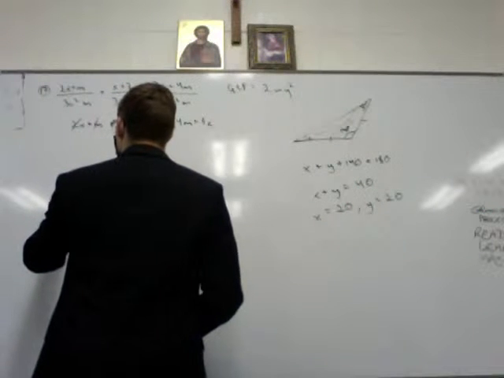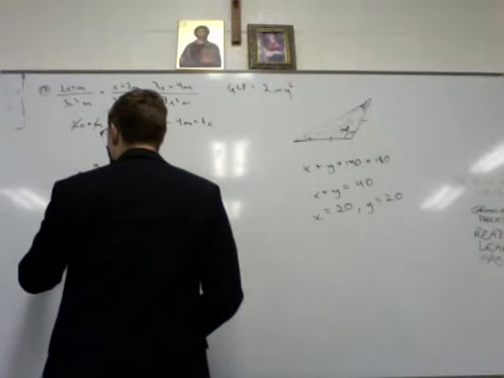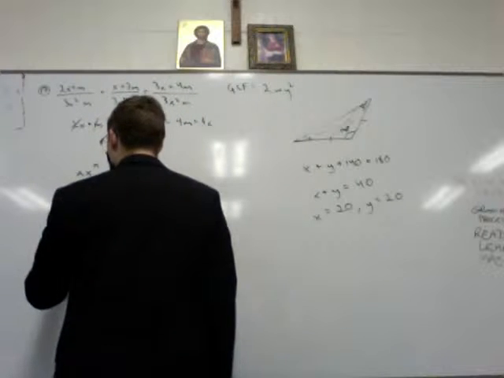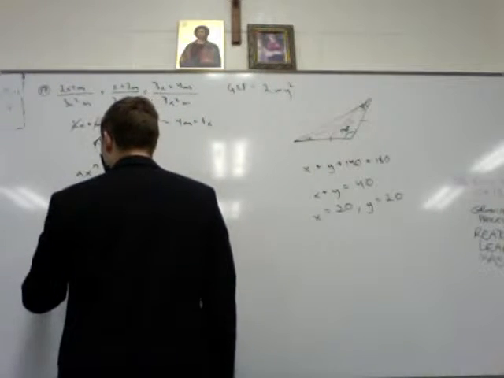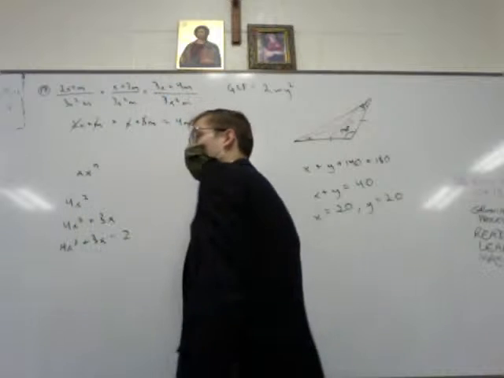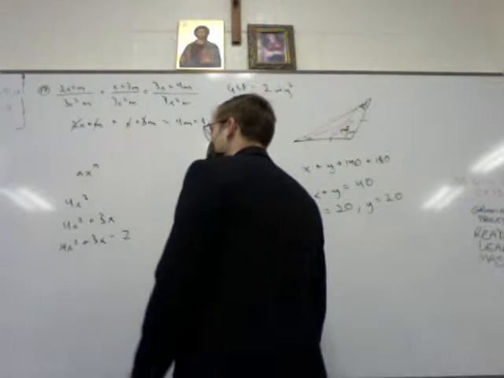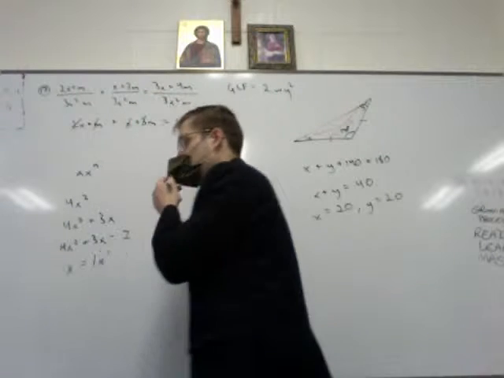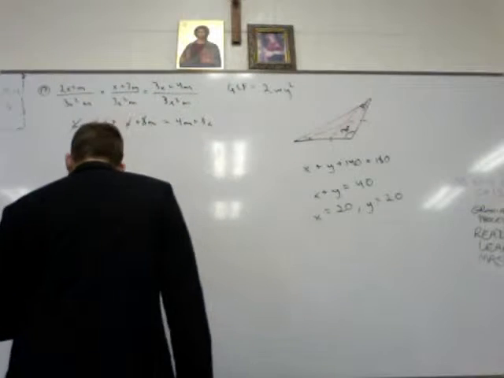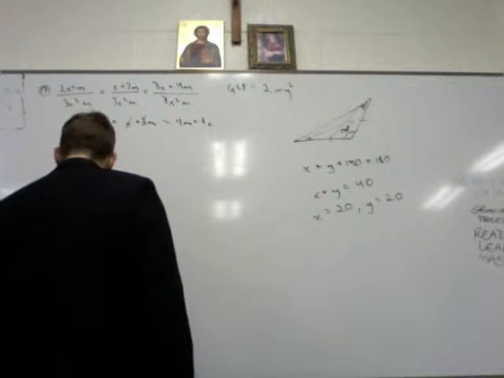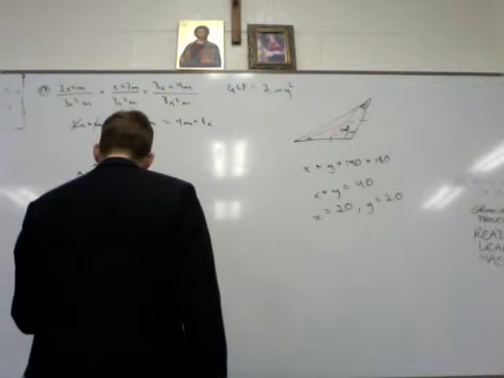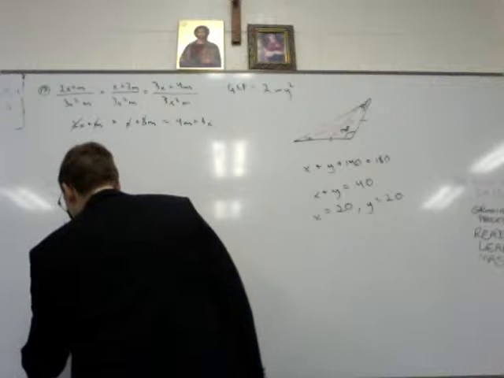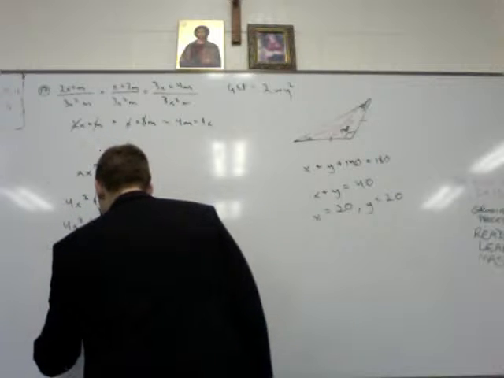So 4x squared is a polynomial. 4x squared plus 3x is a polynomial. 4x squared plus 3x minus 7 is a polynomial. x is a polynomial because that's 1x to the first. Negative x is a polynomial because that's negative 1x to the first. 6 is a polynomial because that's 6x to the 0.